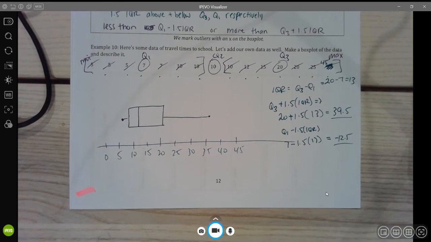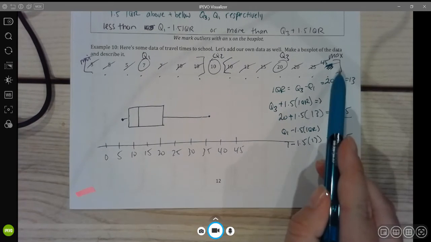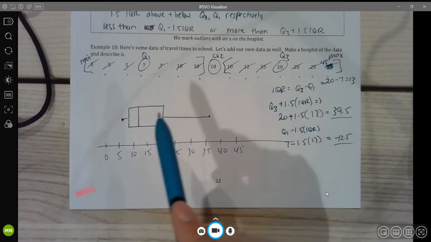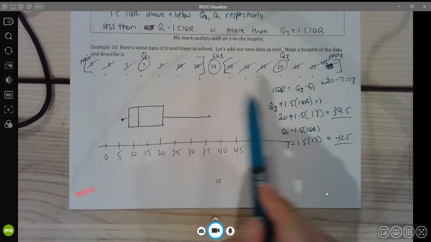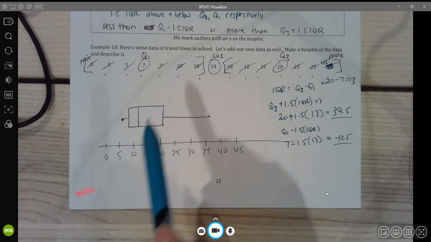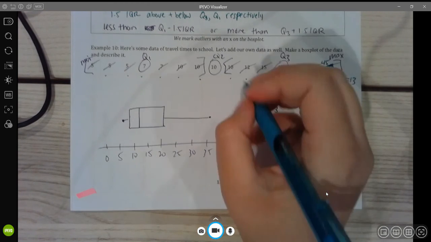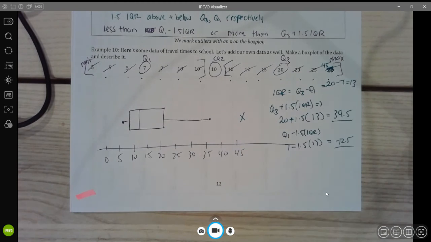Okay, well now we do have an outlier. That outlier is at 45. So it doesn't change anything else. I mean, you can see here, we would have found the exact same Q3, the exact same Q1, and the exact same median. The only thing it really changes is our max value. So let's extend this out to 45. I'm going to put an X at 45 because 45 is an outlier.